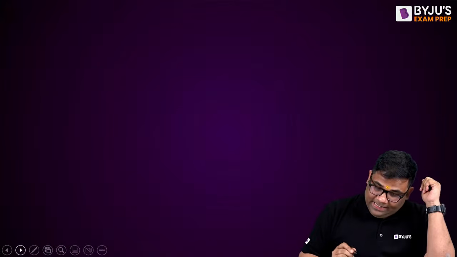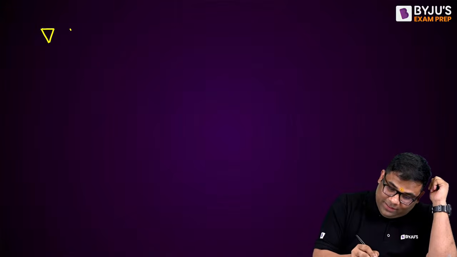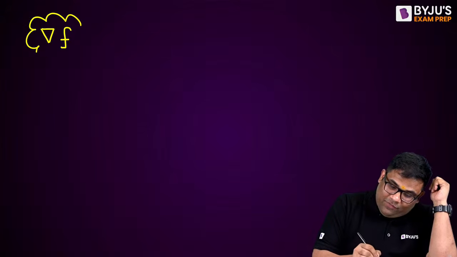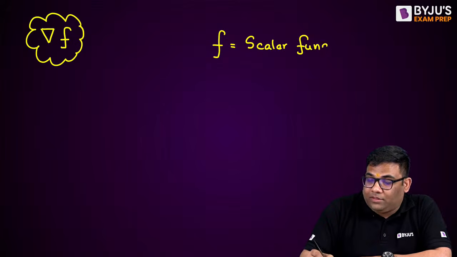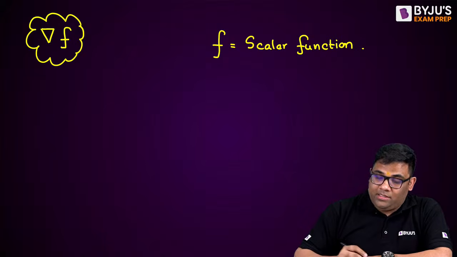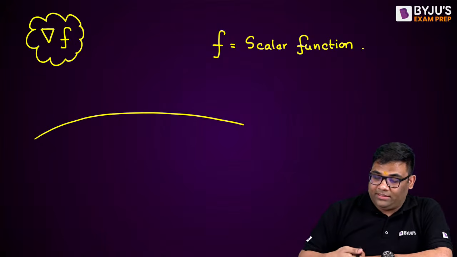Now what does the gradient of f indicate actually? See, f is a scalar function. Now there is another thing: any 3D surface.